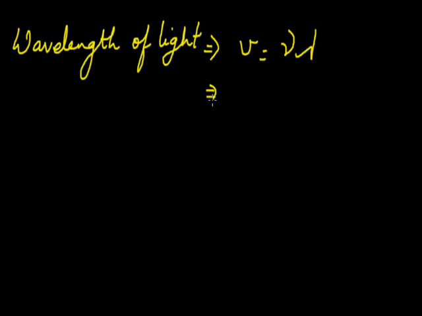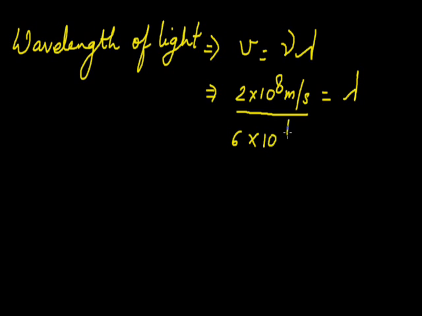So we have the speed of light in glass, that is 2 into 10⁸ meter per second, and we have to find the wavelength. If we shift the frequency here, it will divide the speed of light, and the frequency is given as 6 into 10¹⁴ Hertz, that is per second.